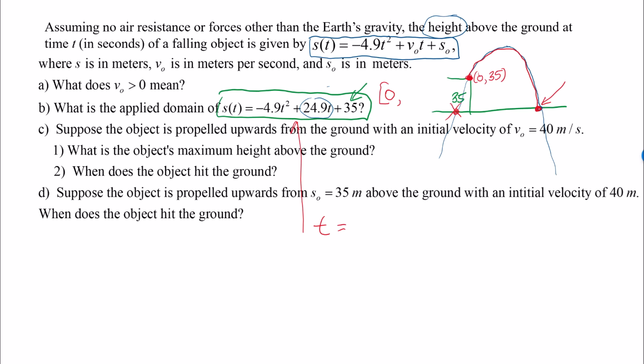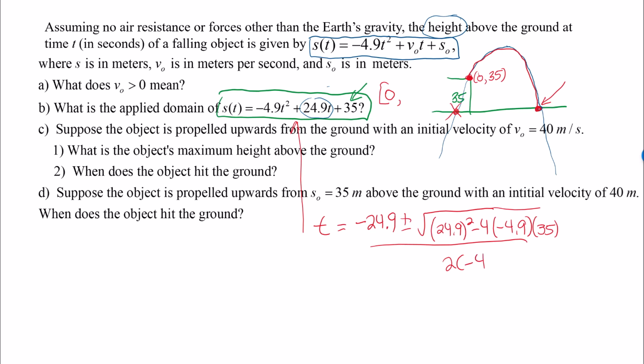So we're going to have negative b, that's negative 24.9, plus or minus the square root of b, which was 24.9 squared, minus 4 times a, which is negative 4.9, times c, which is 35, and then that's all over 2a, which is negative 4.9.